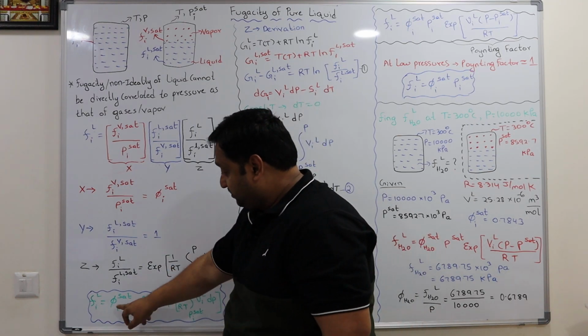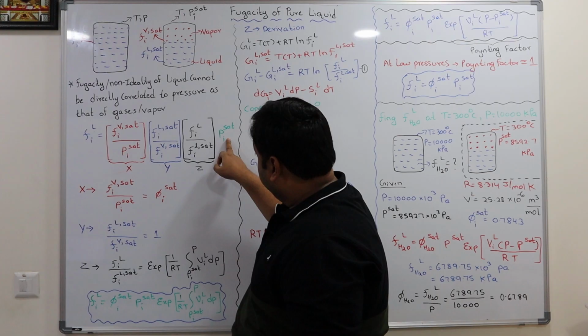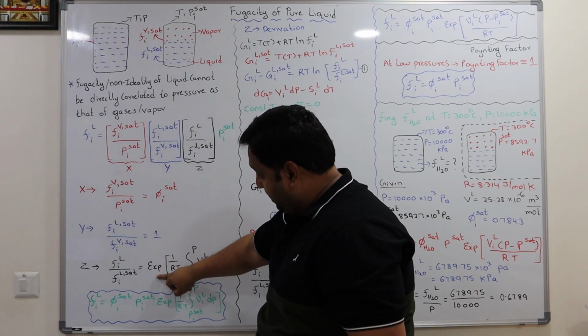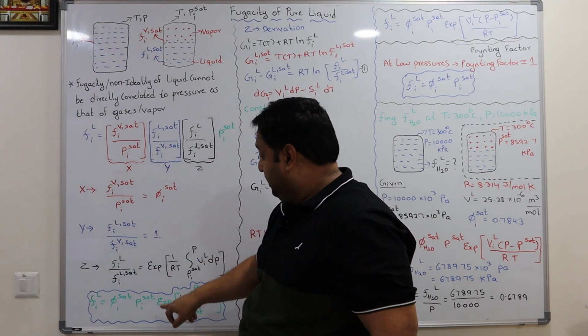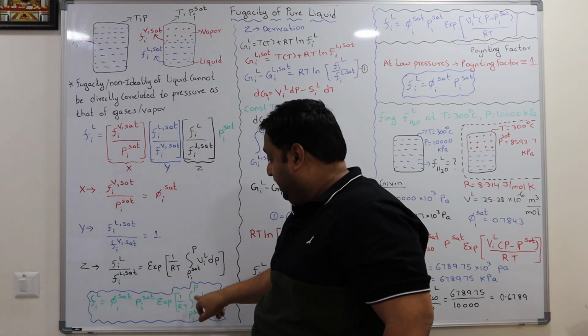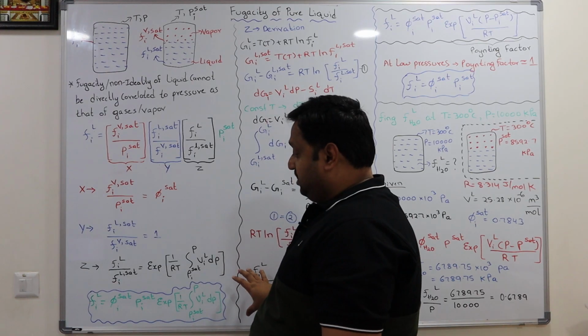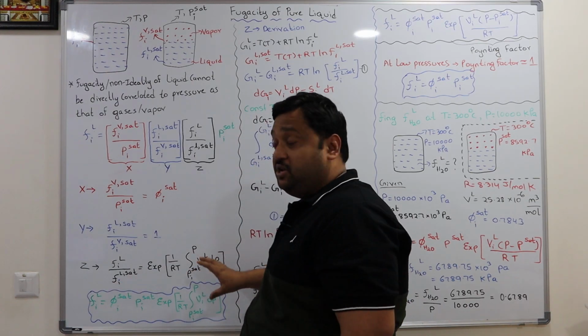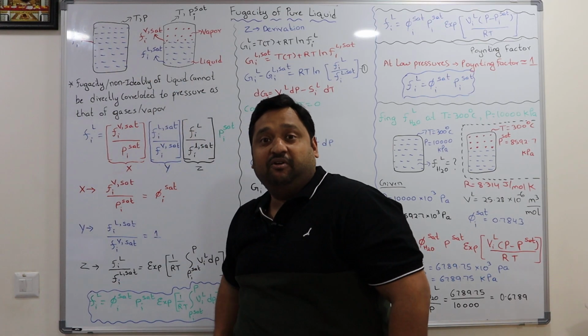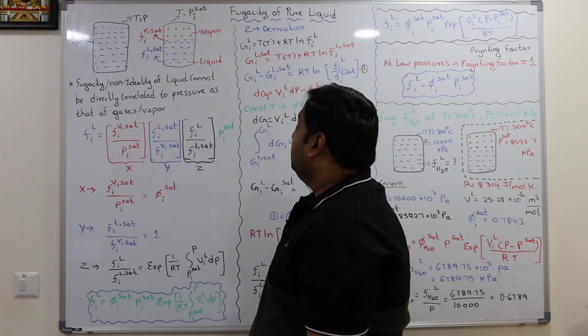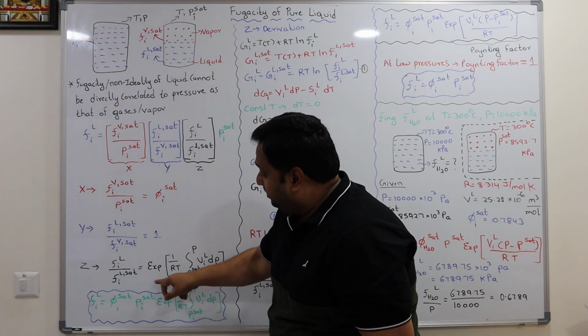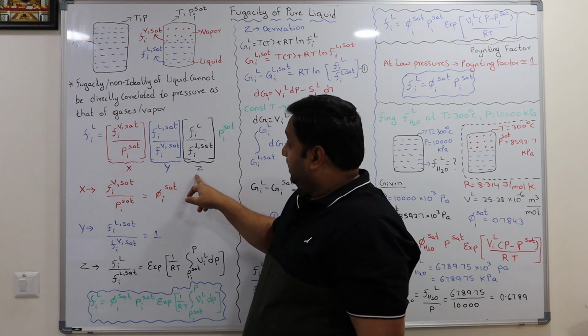Fugacity of the liquid is nothing but phi_i sat, P_i sat, this is 1, so you don't need to worry, and exponent of 1 by RT integral V_iL dP. So if you know all the values of these expressions, you can calculate the fugacity of the liquid at a given temperature and pressure. So let us find out how I got this expression, the Z expression.